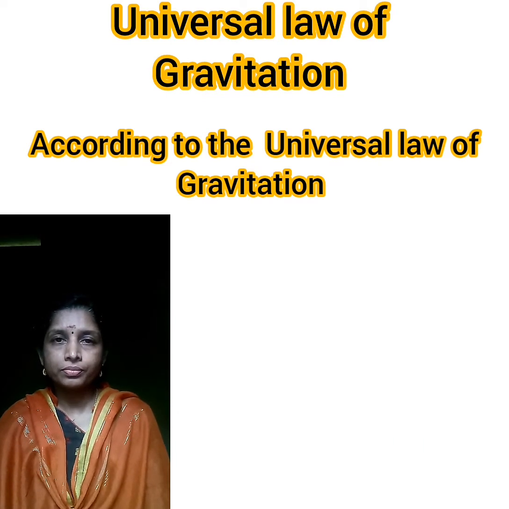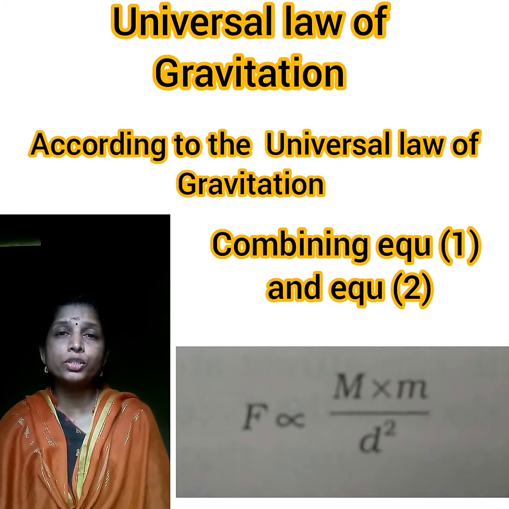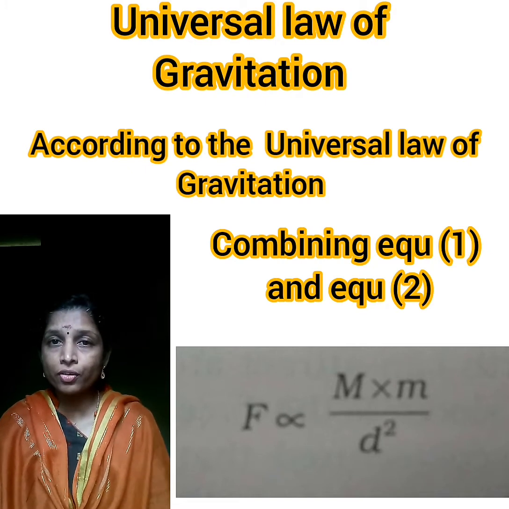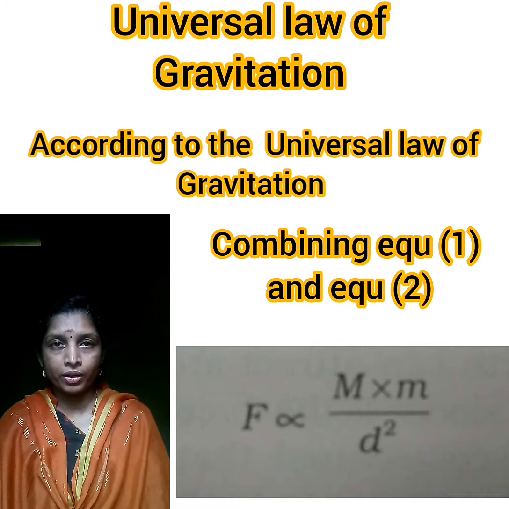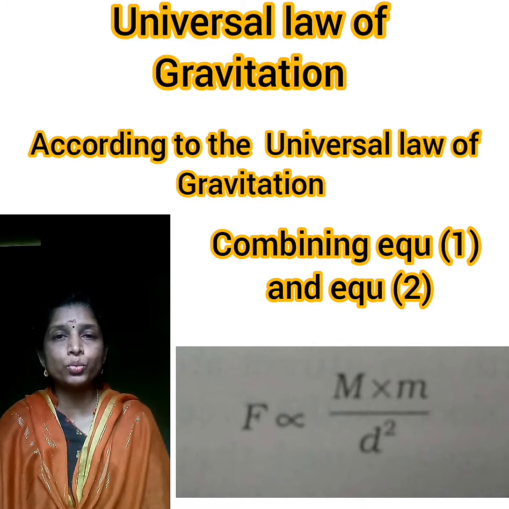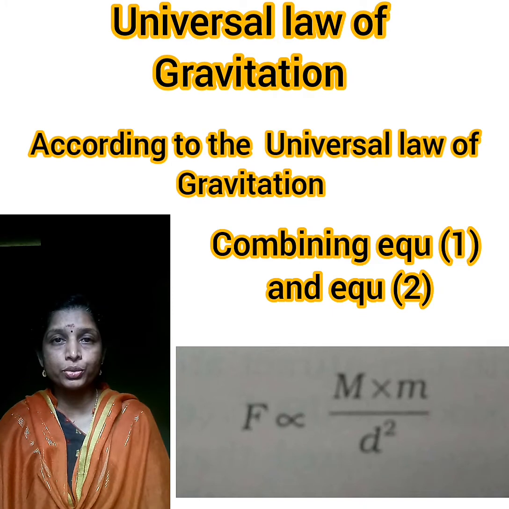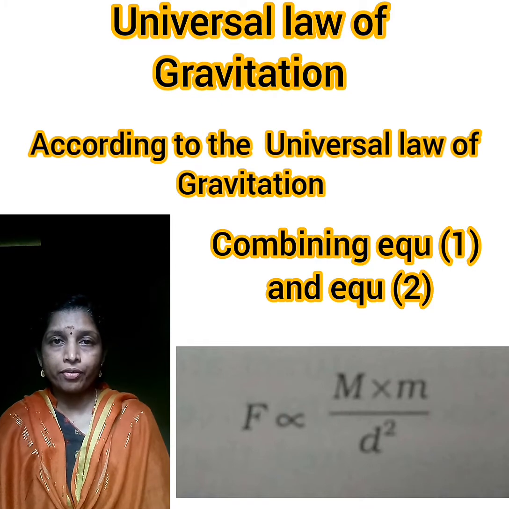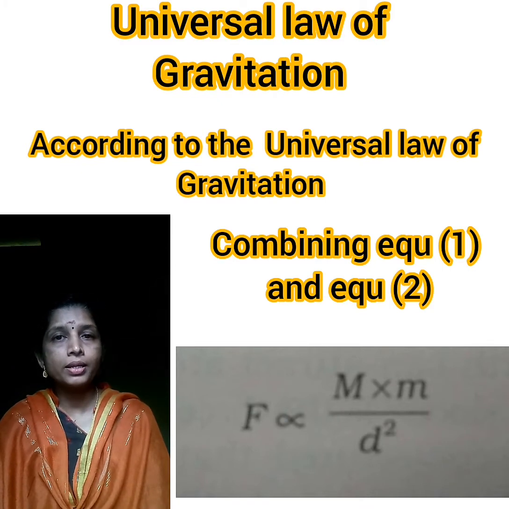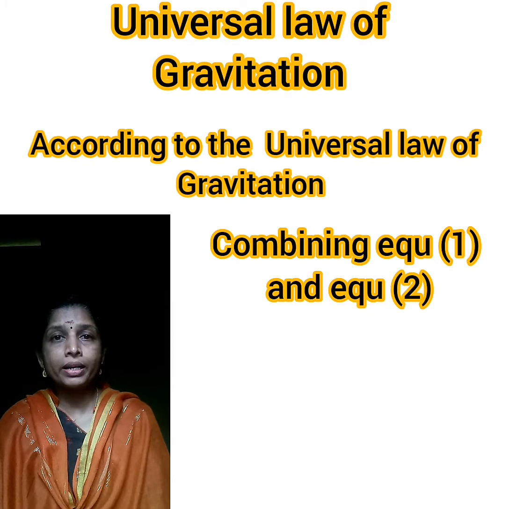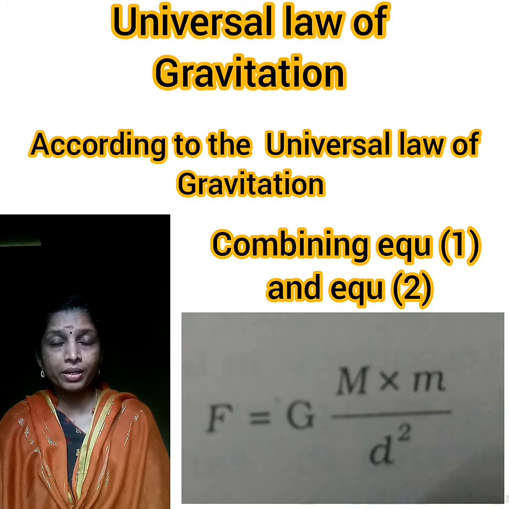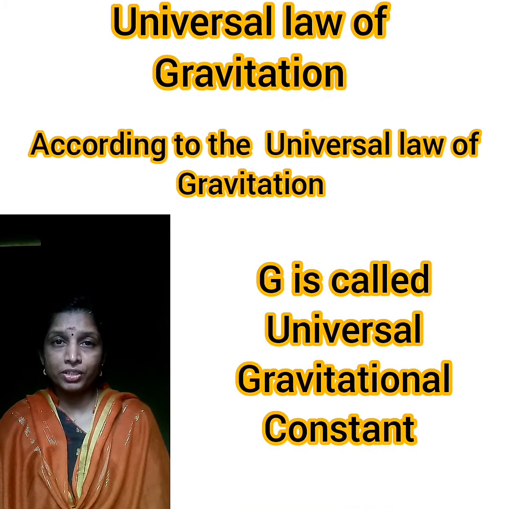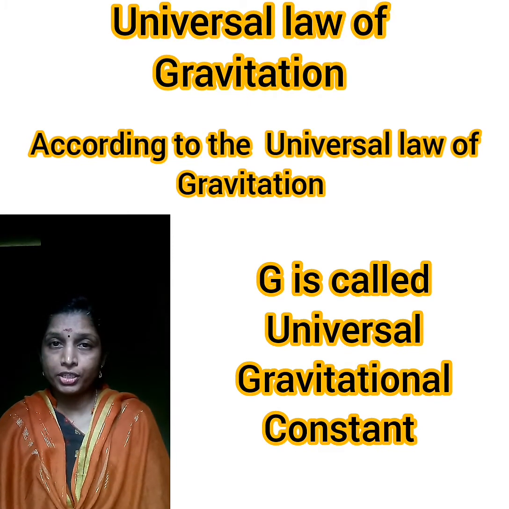Now we can join these two equations because the gravitational force between the two objects is taken as F, which is the same. So we can combine them as F proportional to capital M small m divided by d square. We can remove the proportional sign by putting a constant capital G, which is known as the universal gravitational constant.